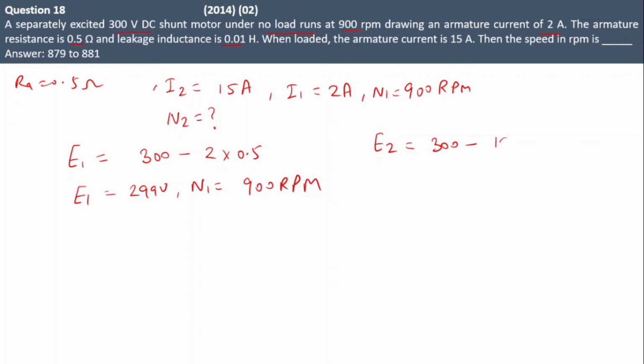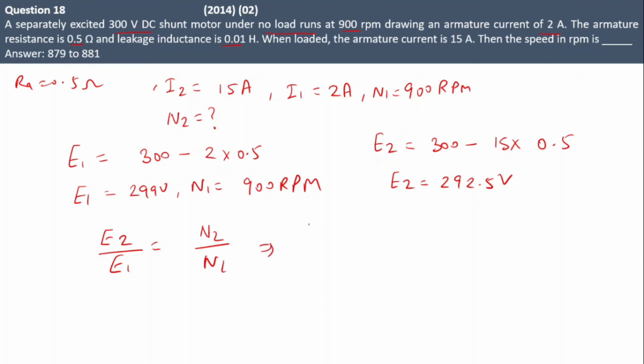Ia is 15 into Ra 0.5, so E2 will be 292.5 volt.